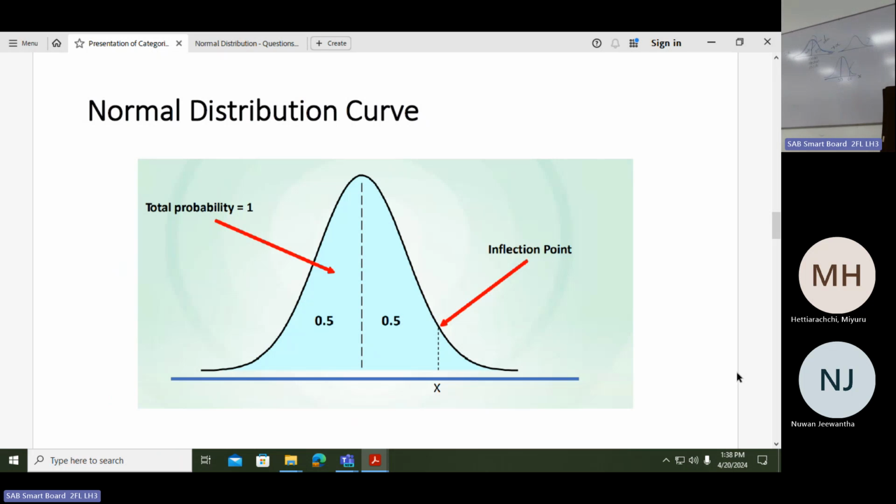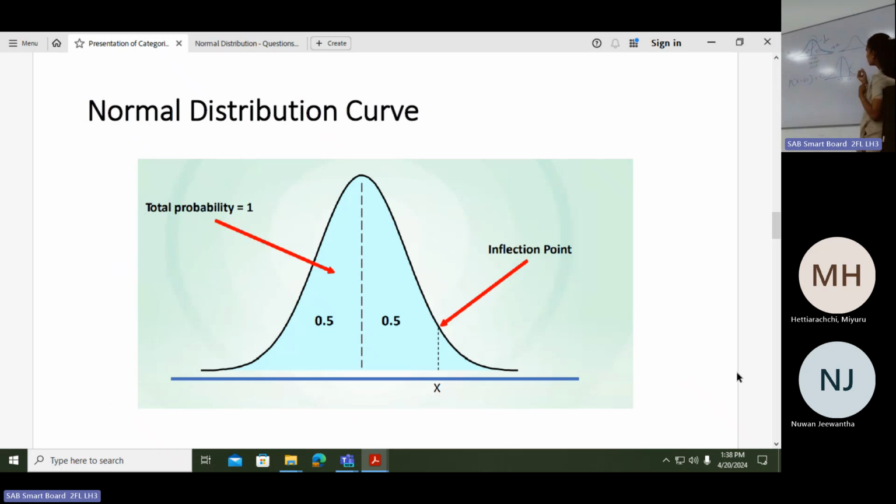We can get the probability value when x equals a certain value. But in the normal distribution curve, we cannot get the probability value when x equals 60. When x equals 60, what is the probability value? 0. It's clear? We cannot calculate the probability value when x equals a constant.